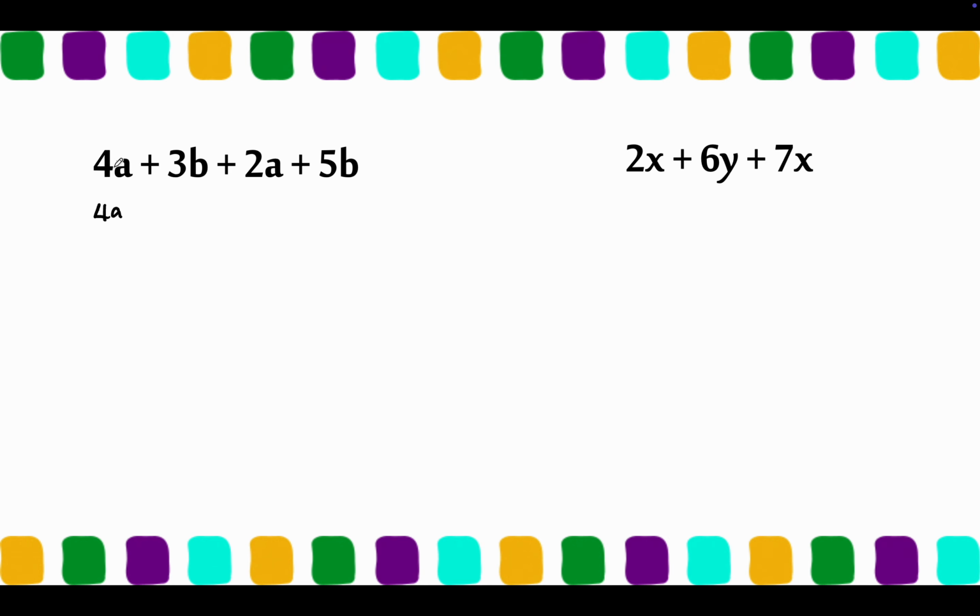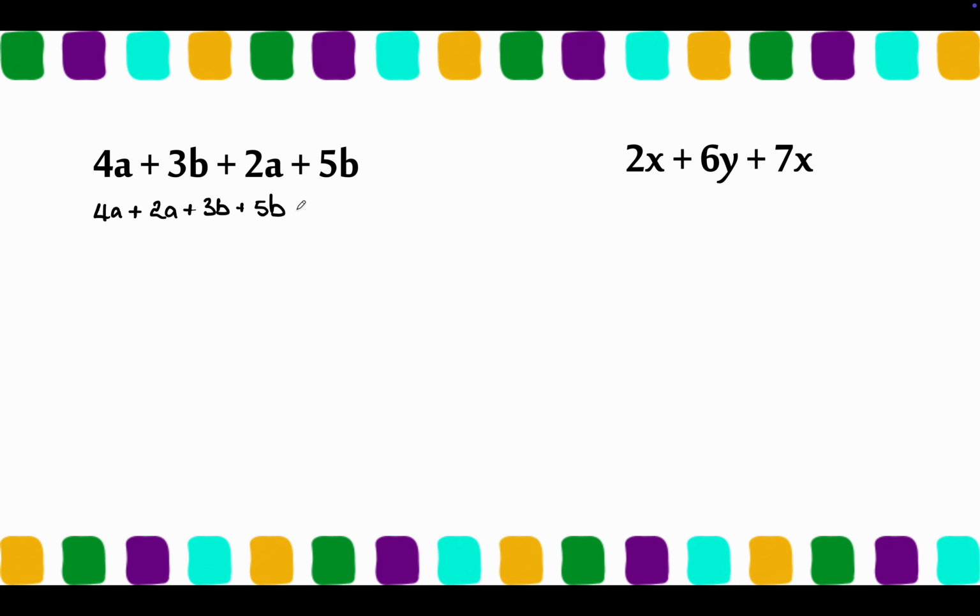So for 4a, the like term of it would be 2a, and we are going to take plus 2a because there's an addition sign in front of 2a, right? And then we're going to have our 3b, and the like term for the 3b would be the 5b. So we have our like terms together here.